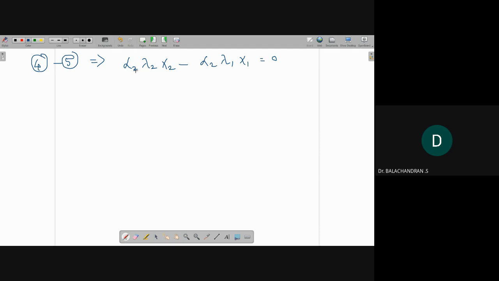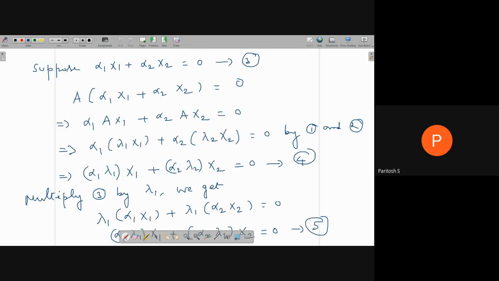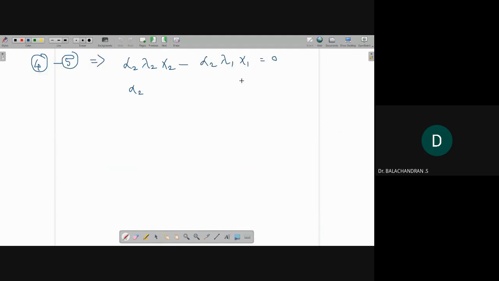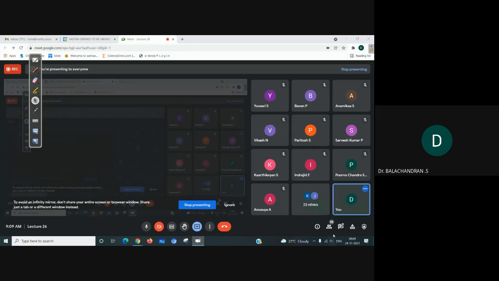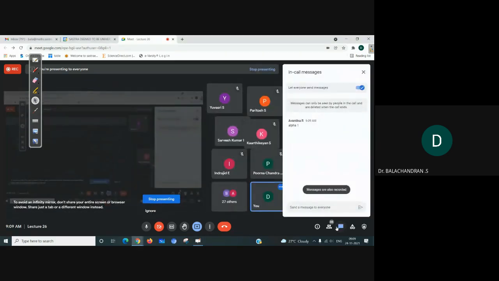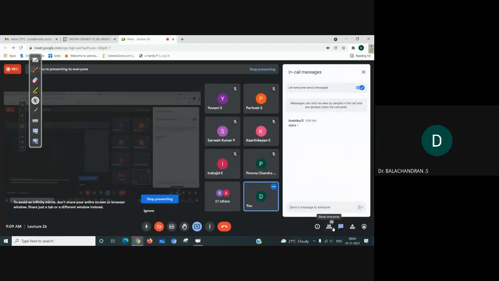What is common? Alpha 2 is common, and we have x2 there. Okay, thank you Paritosh. Yes, x2 is correct.